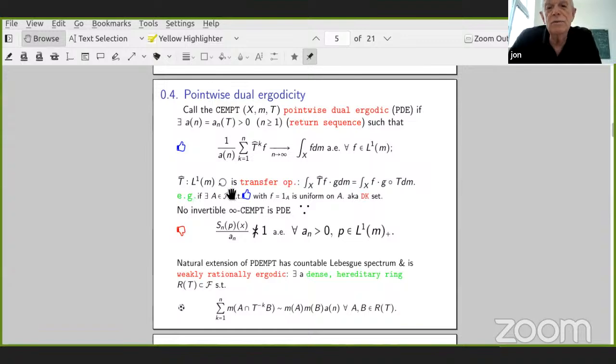The original was invented by Darling-Kac. They wanted to prove certain limit theorems, which were normally proved using assumptions of independence, and they wanted just to prove them using ergodic assumptions. And they needed to assume that you had what's called a Darling-Kac set. So there's some A, so that if I take f equals 1_A, this convergence is uniform on A.